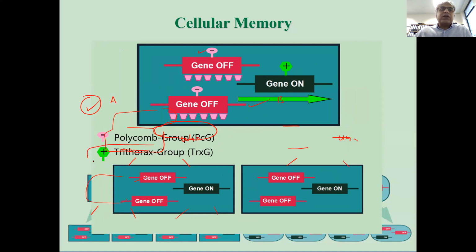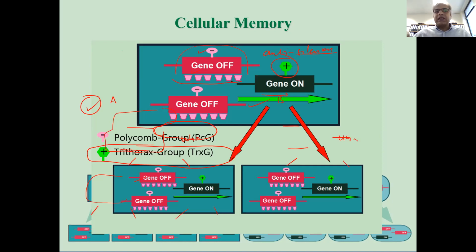Trithorax group, as I told you, are activators or anti-silencers, and they bind to chromatin and maintain these genes in the on state. However, polycomb group bind to their targets and maintain genes in the off state. And this is inherited through cell division, and that's why we call this cellular memory, because cells remember the cell type specific gene expression pattern which was in the mother cells.